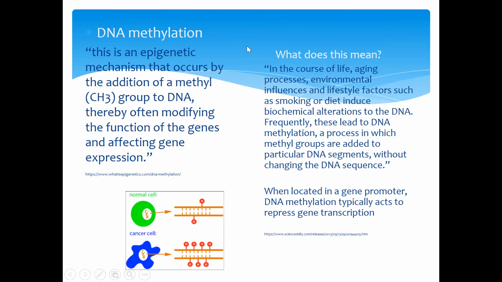So methylation, this is complicated, but to make it simple, methylation is basically my cell making itself over and over and over again so that it looks just like my skin. It looks just like every heart cell. It looks just like every colon cell that I have.